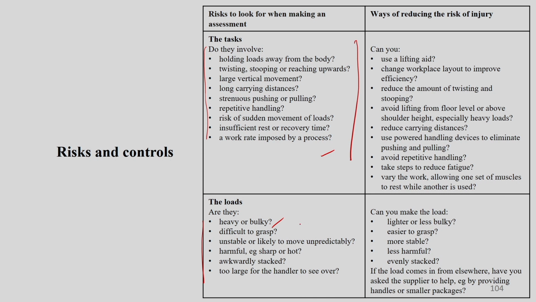Now if this is so, then the answers are lying here. If it is heavy or bulky, make it lighter or less bulky. If it is difficult to grasp, make it easier to grasp. How can you make it so? If it is unstable, how can you make it more stable?